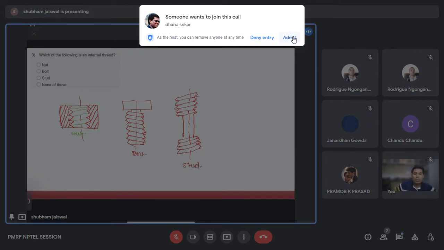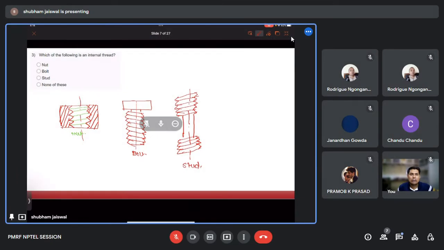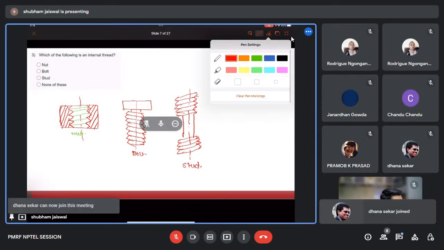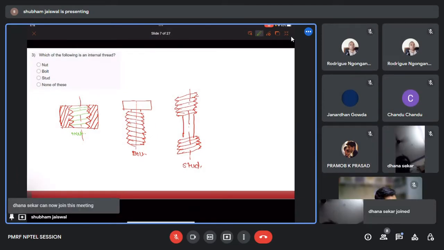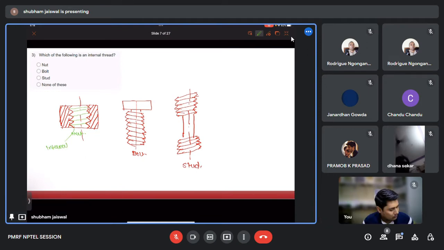So from this figure, you can see that the nut has the internal threads, and our bolt and stud have the external thread. Okay. So what is an external thread?